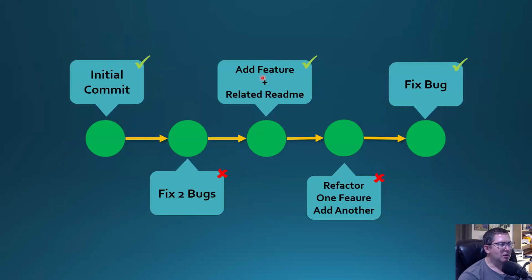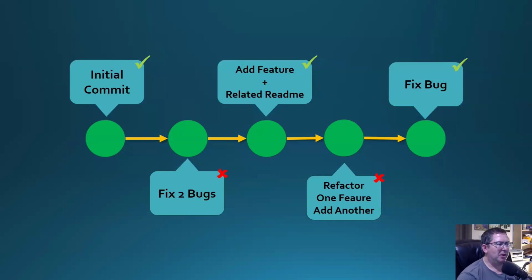You can add a feature if it has a related README with it, possibly fixing a bug. But if you're fixing two unrelated bugs, each fix should have its own commit. Combining multiple bug fixes into one commit makes it harder to understand the history and roll back individual changes if needed. Keeping the changes separate makes your Git history clearer and easier to manage.